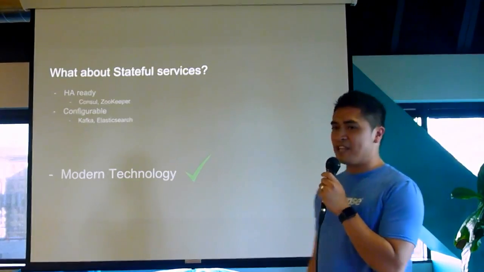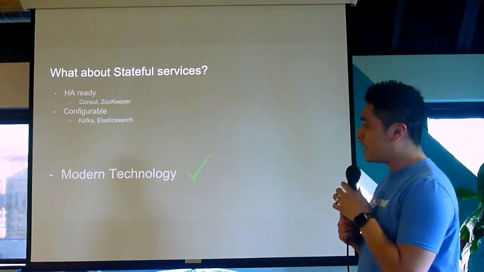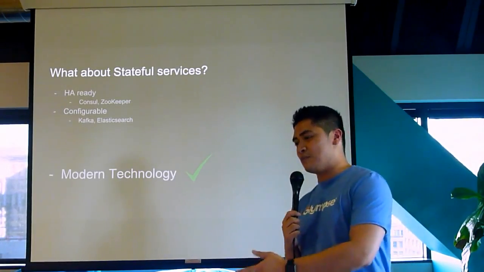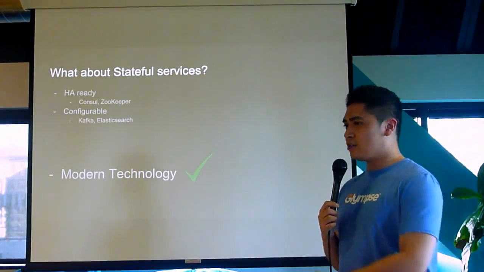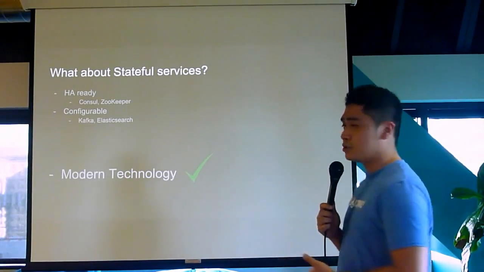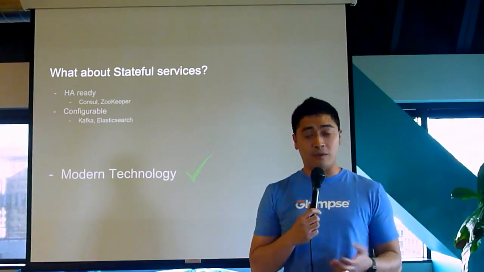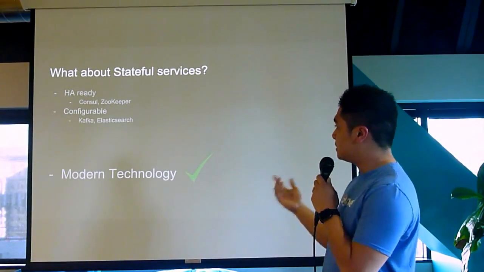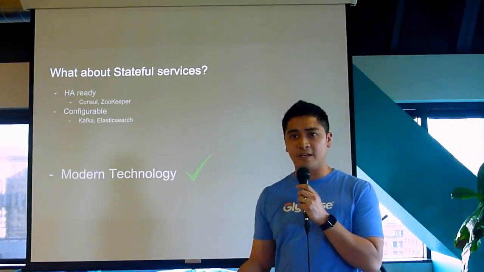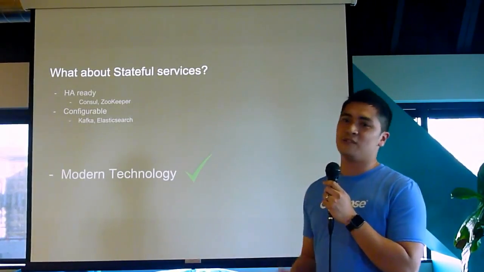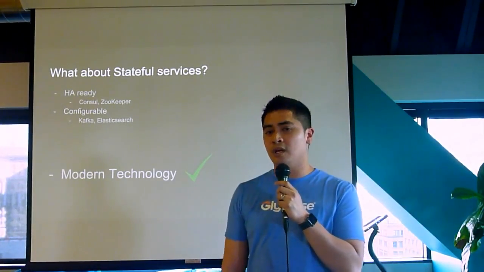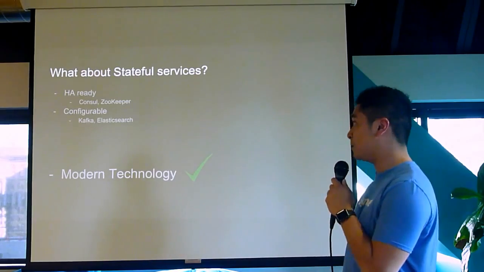Well, fortunately, in today's world with modern technology, a lot of these solutions have ways you can configure them to be highly available. So again, going back to testing your infrastructure, this kind of forces your architecture to be fault tolerant. With databases like Kafka or Elasticsearch, which are stateful, there's configuration you can set up so that you can lose a box, maybe even 2 boxes depending on the size of your cluster, and not have any downtime.